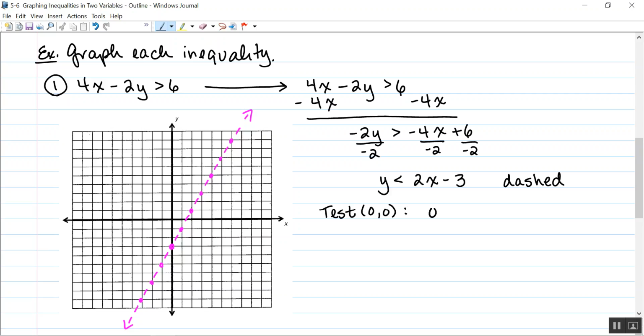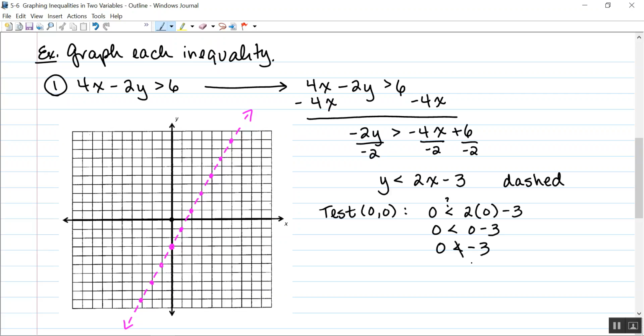So plugging in 0 for y, is that less than 2 times 0 for x minus 3? Is 0 less than 0 minus 3? Is 0 less than negative 3? No, it's not. It's actually greater than. So that's not true.